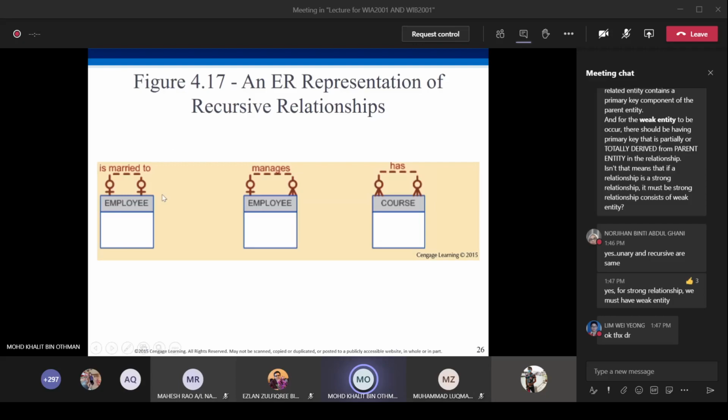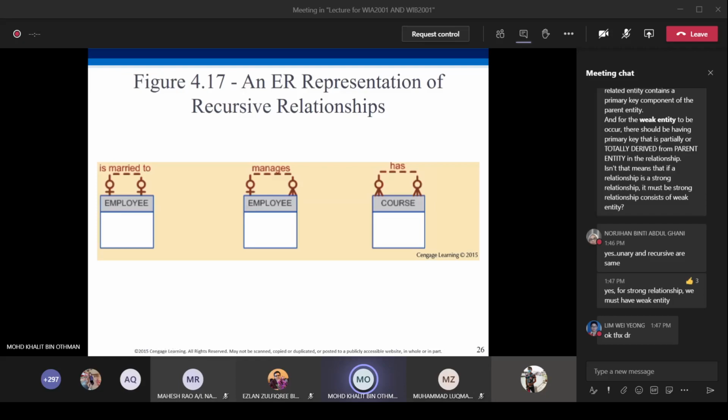For the first diagram, it is an example of a one-to-one unary relationship. For example, we can express it as an employee may be married to one and only one other employee.